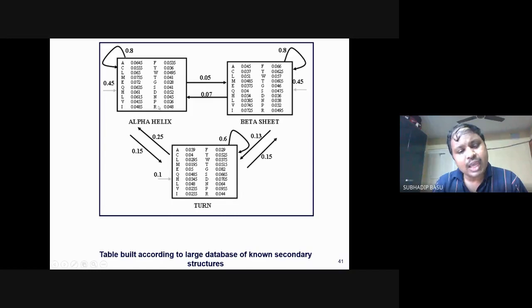As we studied in Chou-Fasman, every amino acid has a specific propensity. For example, alanine can have a 6% probability to become alpha helix, a 4% probability to become beta sheet, and a 3% probability to become turn. So these are the observations. There are 20 different observations.